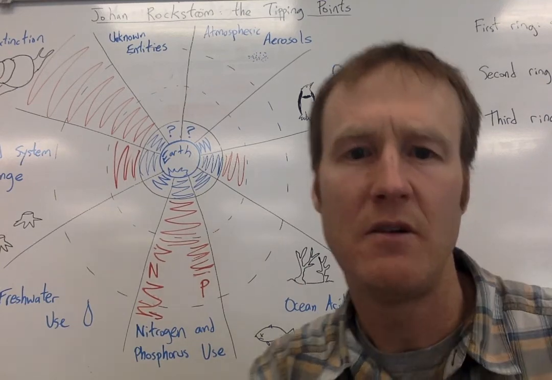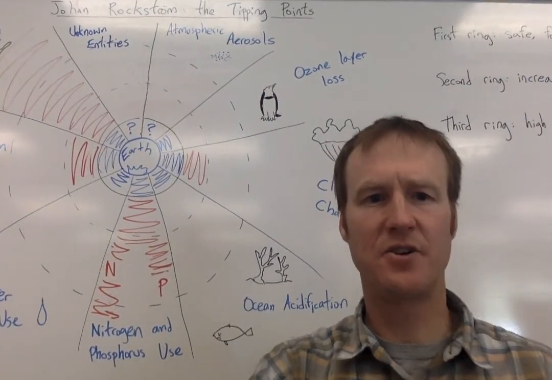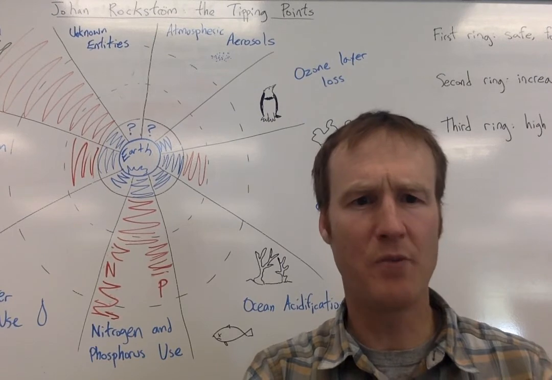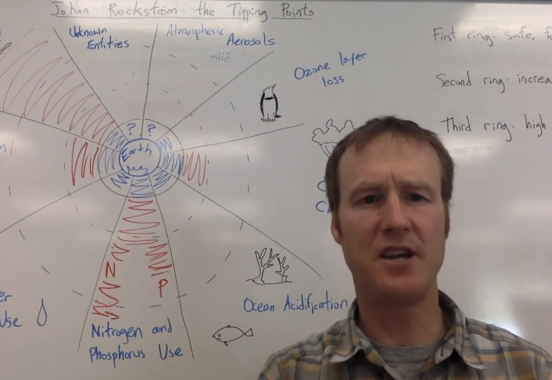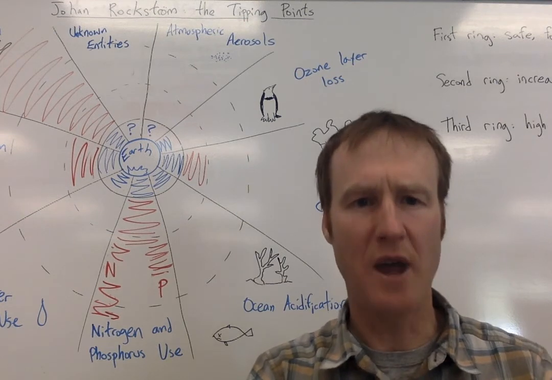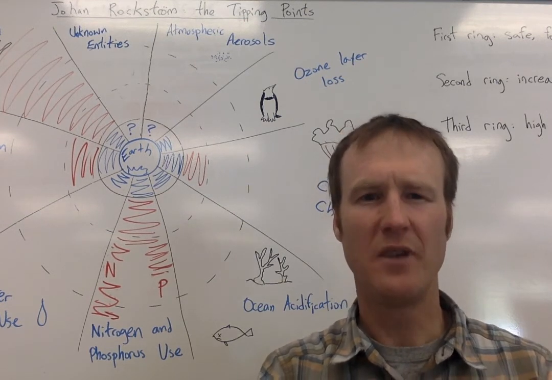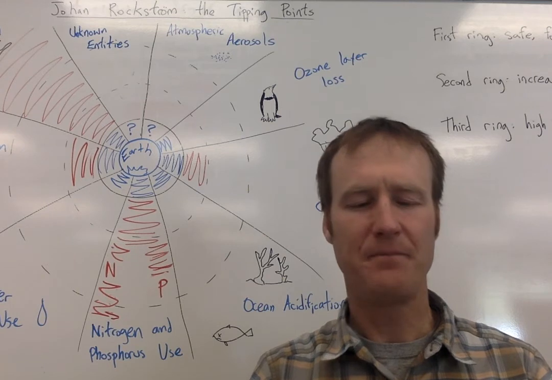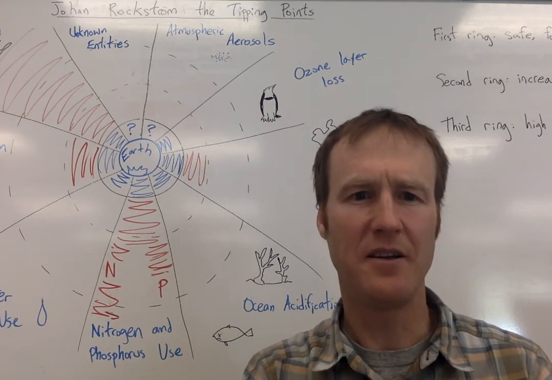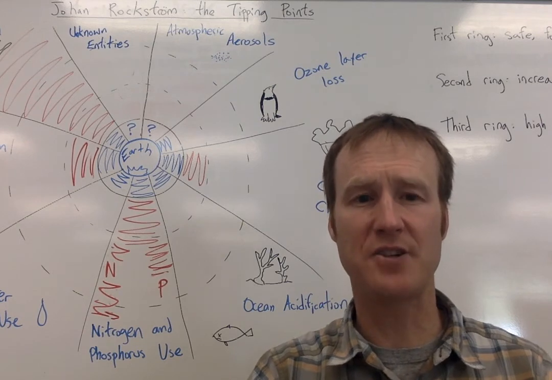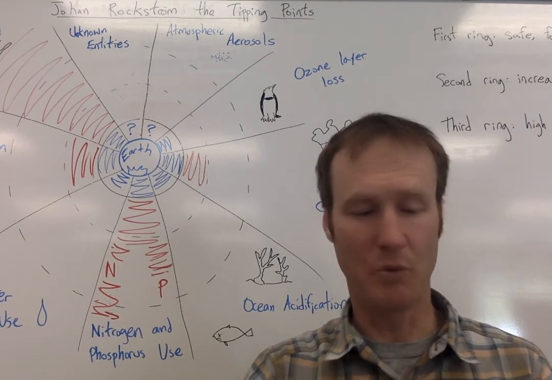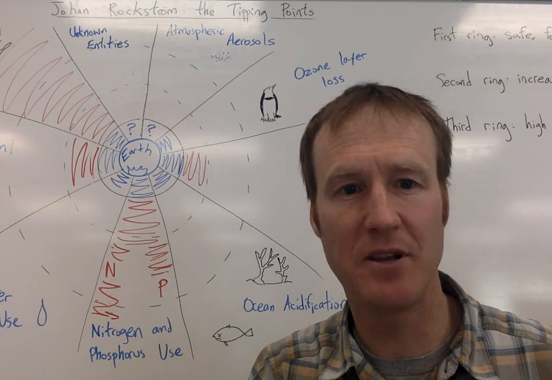If you run out of species, or certain very important, what are called keystone species, get lost, then the environment can change in unpredictable and radical ways. So you might not think you need these species, but for feeding into other ecosystem services, it turns out that you actually do.